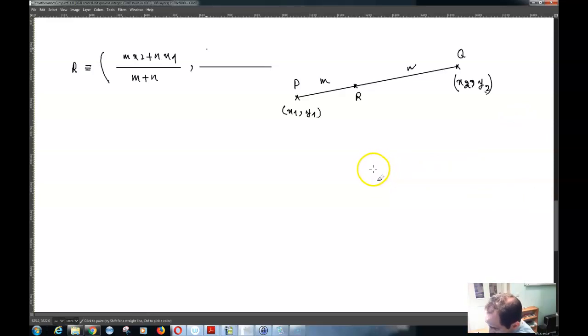Now the converse of this is also true, and I don't think we need to prove that anymore, but we will take a look at that as well.